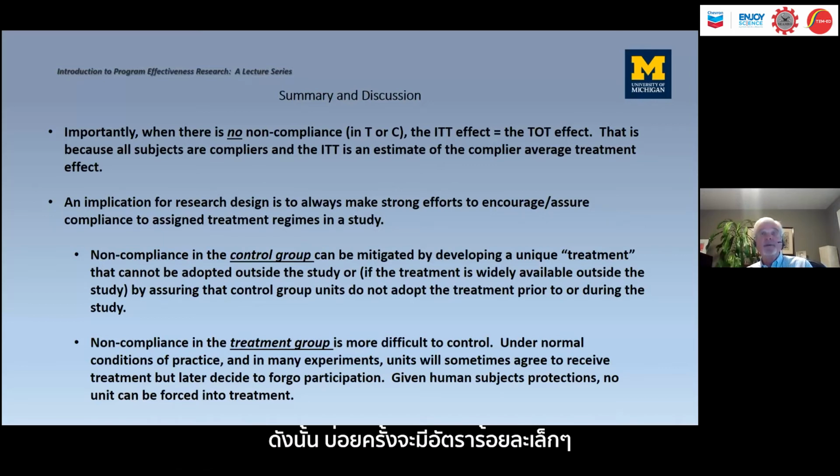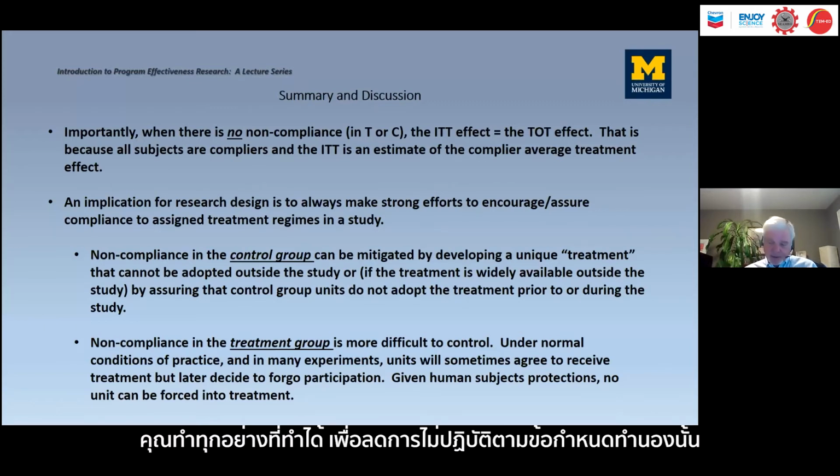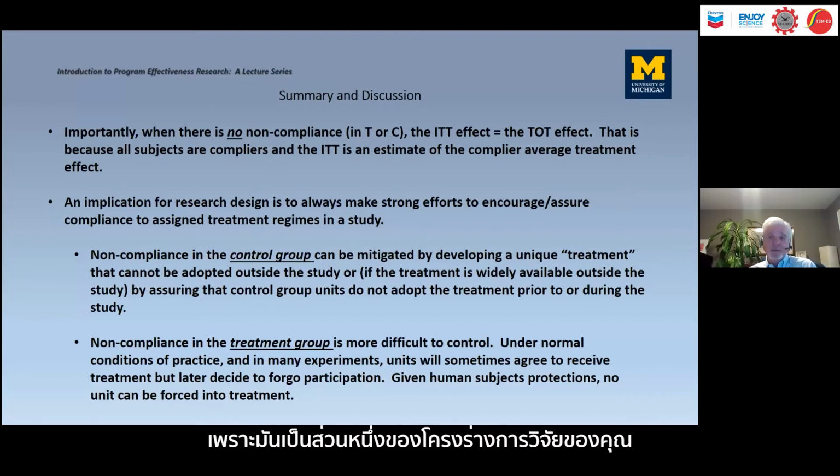And so there is often going to be a small percentage, hopefully not a large percentage, of non-compliance in the treatment group. But you do all that you can to mitigate that kind of non-compliance as part of your study protocol.